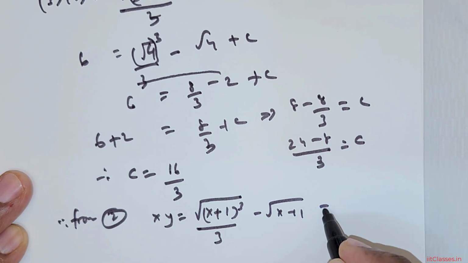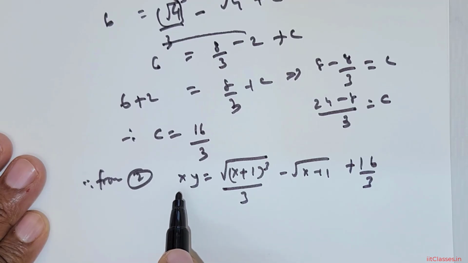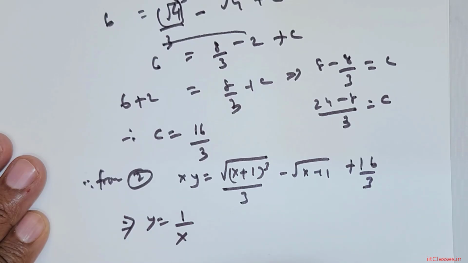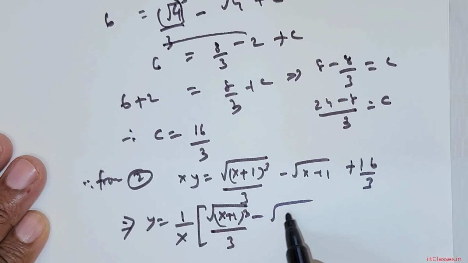Now in place of c, I'll substitute 16 over 3. Now we have an x there, so I want to push this x over. So y is equal to 1 over x times root of x positive 1 raised to the power of 3 divided by 3 negative root of x positive 1 positive 16 over 3.